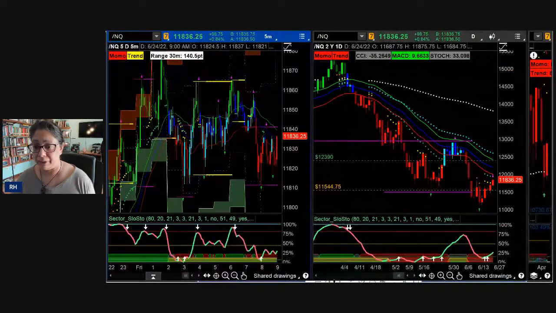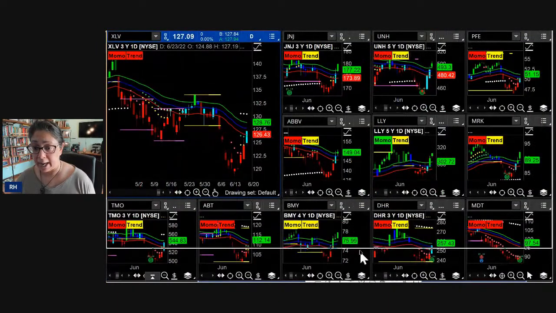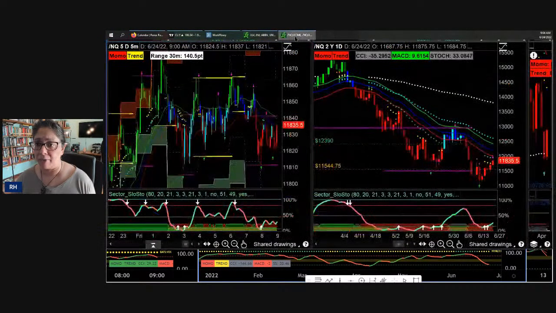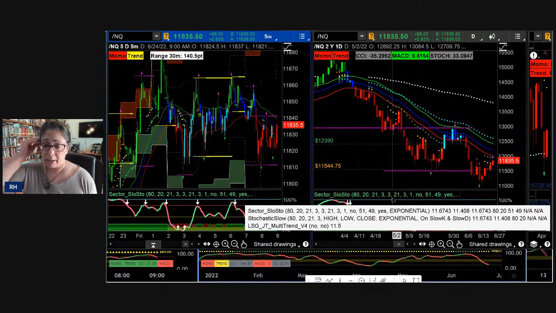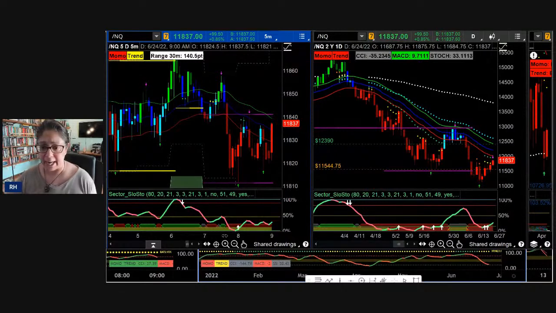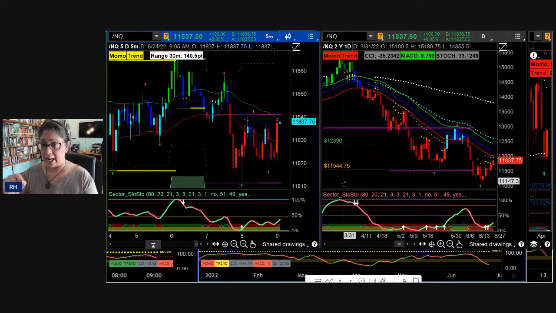So let's jump into some of our charts, see what kind of market mood we are inheriting. I'm just going to move these charts out of the way so we jump into our questions. We're good to go. All right, so starting off with where we are with the NAS. Gang, those of you that are already familiar with the most basic of my calculations off a daily, which is that line in the sand, you'll see we are north of it. One of the things we have talked about now for a couple of weeks as we go into the end of June, quarter end, month end rebalancing, and the potential for a retracement.